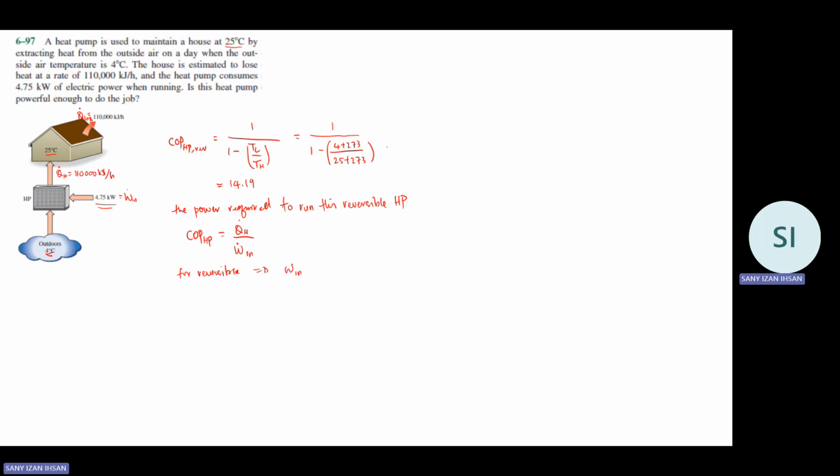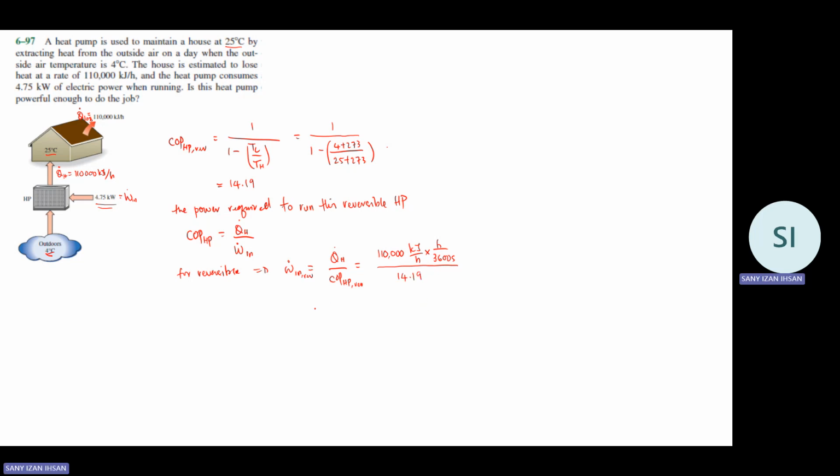Work in for reversible is equal to QH dot over COP of the reversible heat pump. So QH is 110,000, the unit is kilojoule per hour. We need to convert that to kilowatt, which is hour to second, 3600 seconds. And our COP is already calculated, 14.19.